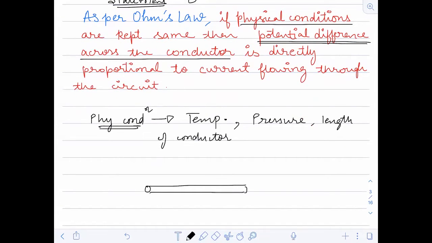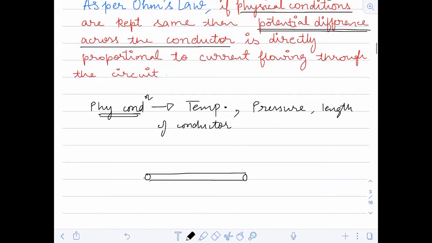Suppose this is a rod, and you apply a battery of 2 volt. What is the potential difference across this conductor? 2 volt, correct. I can assume 2 here and 0 here, so the potential difference across the conductor is 2 volt.